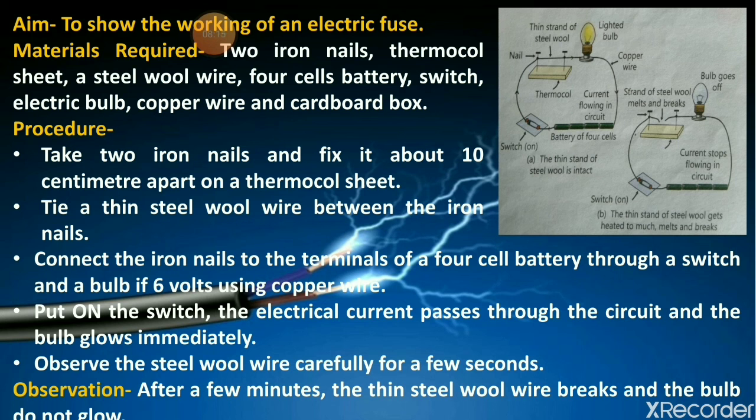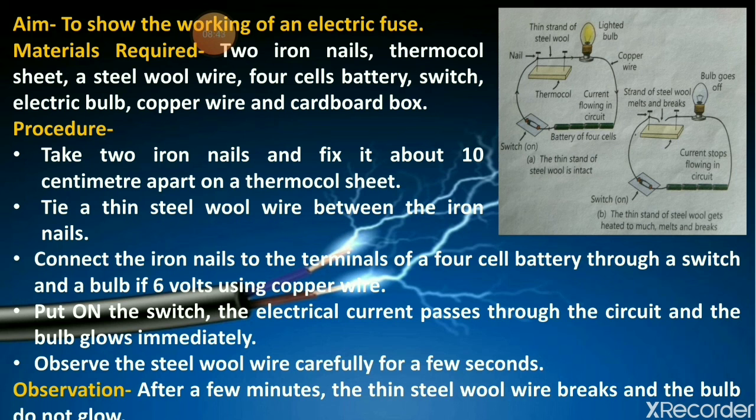After a few moments, what happens is that the thin steel wool wire breaks and the bulb does not glow. So this thin steel wool strand acts as an electric fuse. The current at 6 volt is too large for that much steel wool strand.